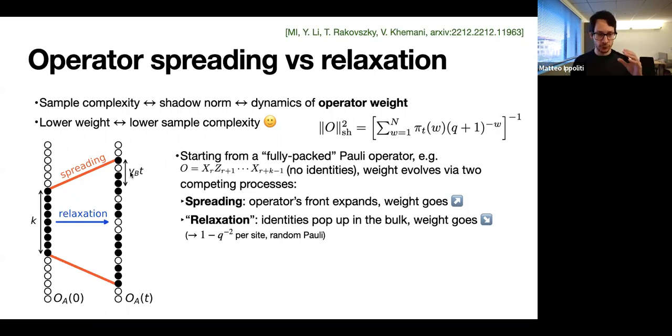On the contrary, if you focus on the interior of this segment, as a function of time, instead of this completely packed configuration, you will find some holes. Some identities are going to pop up inside your operator. And this is, of course, going to drive the weight down on average.